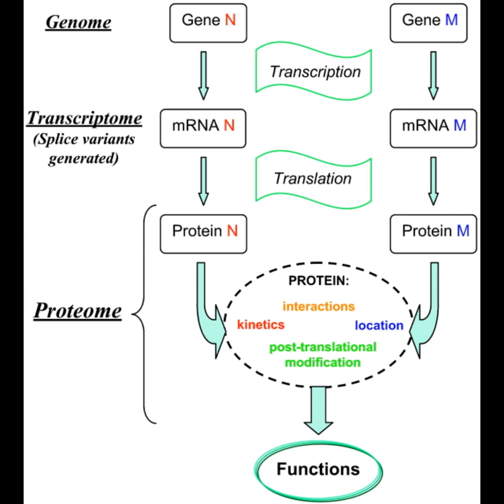We know that the human genome contains the complete set of genes required to build a functional human being. However, the genome is only a source of information. In order to function, it must be expressed.